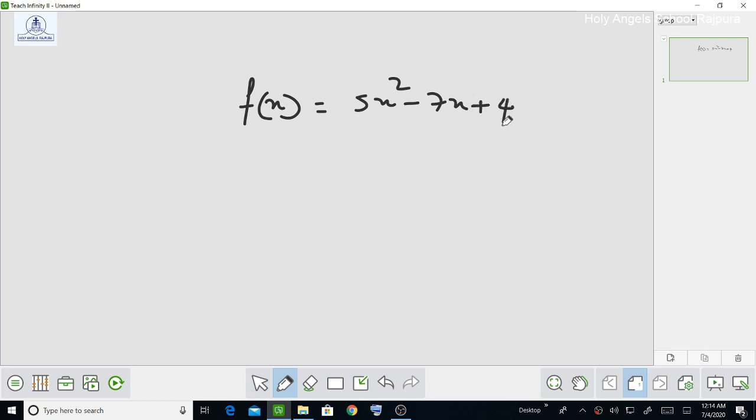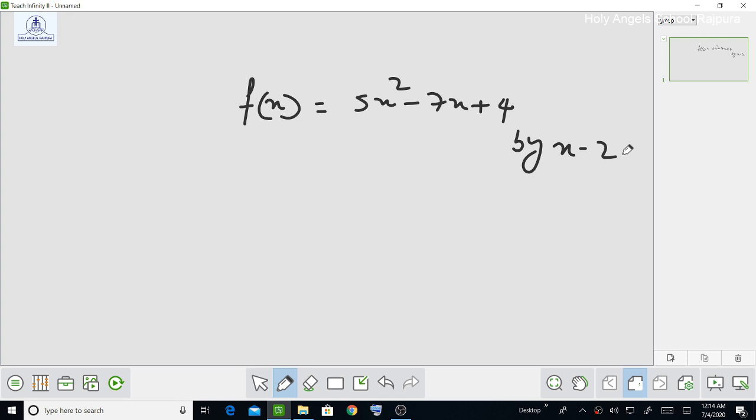It's a given polynomial. If you divide this polynomial by x minus 2, we can find the remainder by doing actual division.